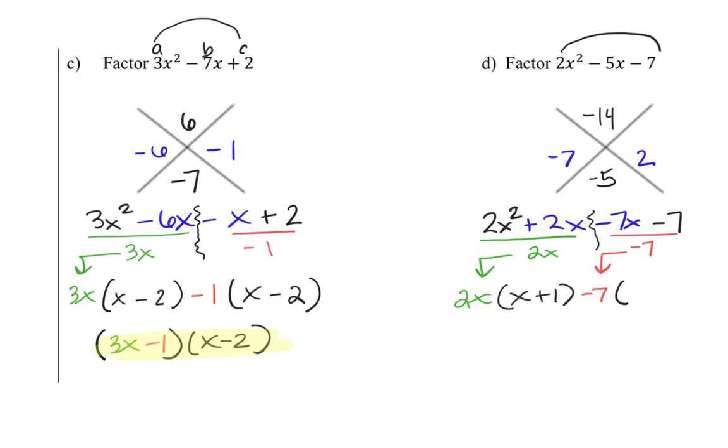That's +1, which is going to be +1x because there's an x here that didn't divide out. And then -7 divided by -7 would give us another +1. So we can get our answer from here. So your final answer will be 2x minus 7 and x plus 1.